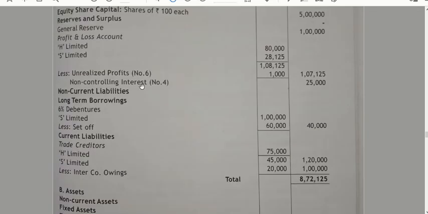So your non-controlling interest, working note number 4, will be considered under your liabilities. So 25,000. Under long-term borrowings, we have 6% debentures.